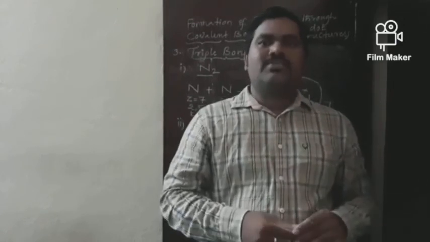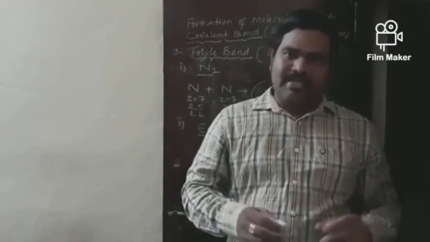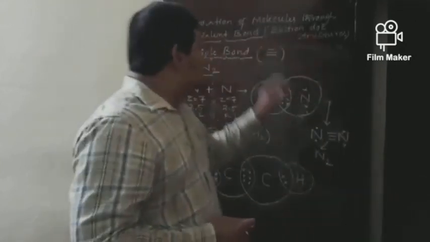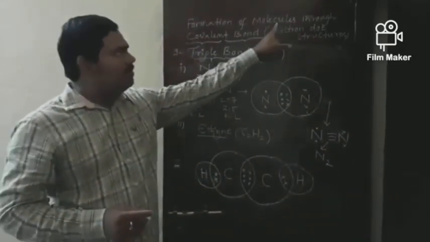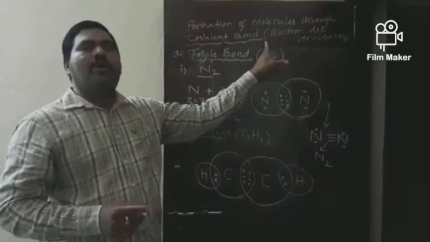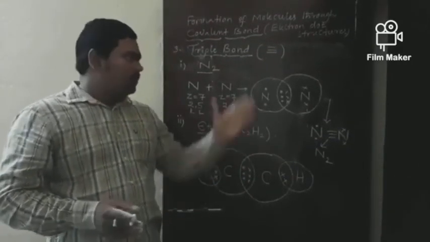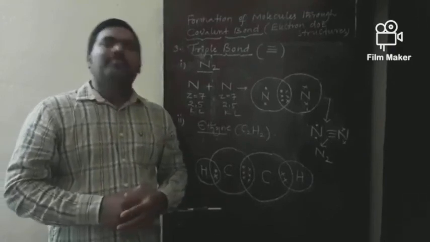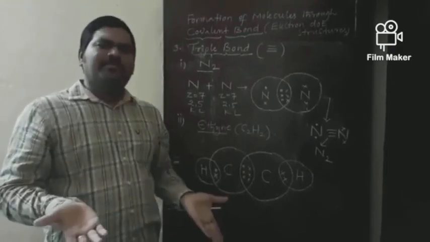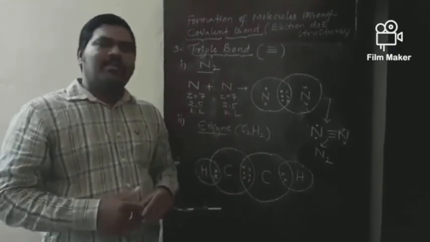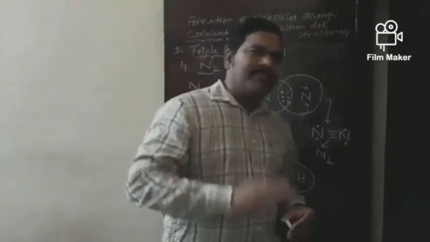So dear students, this is about today's topic: explanation of formation of molecules through covalent bond with the help of electron dot structures. We already discussed 3 types of bonds. Very simple. A single bond is formed due to sharing of one pair of electrons.